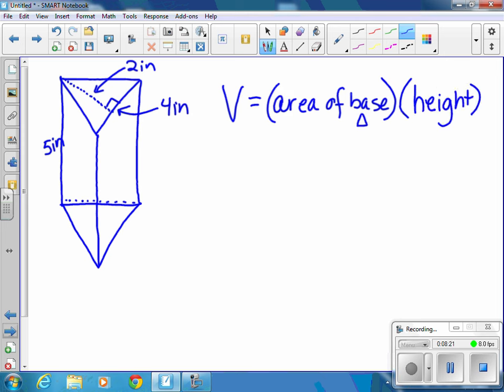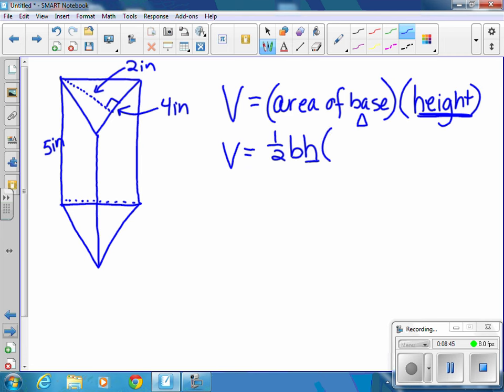Okay, so again, making my life a little easier here, because I can remember how to find the area of a triangle. It's half base times height, or you might put BH over 2. It does the same thing, okay? Now, this is where it gets tricky, because I have a height here on my triangle, but I also have this height, which is the height of the whole prism.